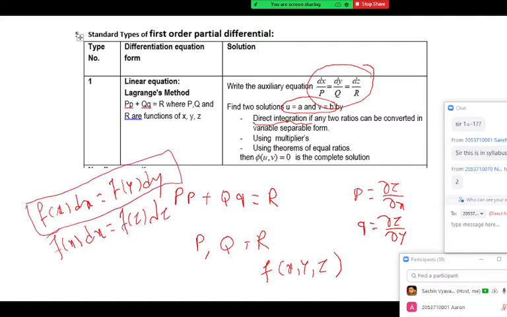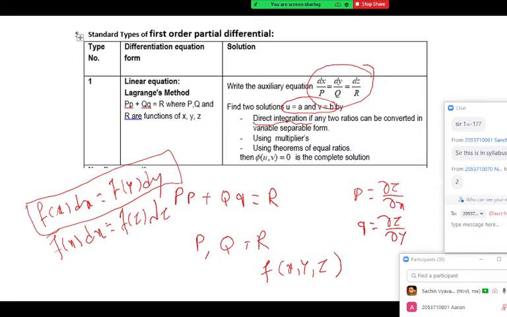Here you will observe the variable x is on one side and y on the other side, or x on one side and z on the other side. If it is in variable separable form, just by integration we get a solution. So you should know the three rules. Only three rules we require to get the solution.